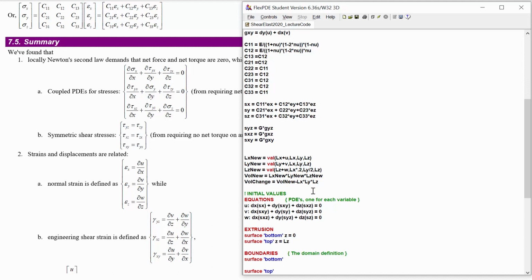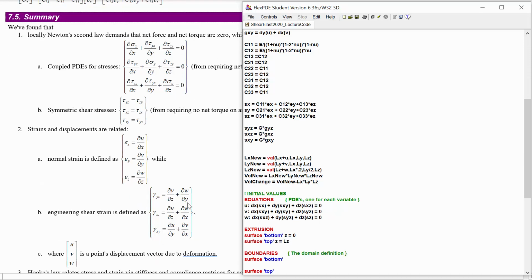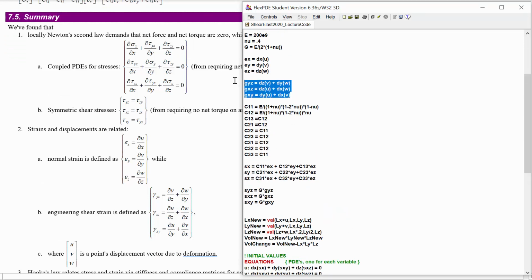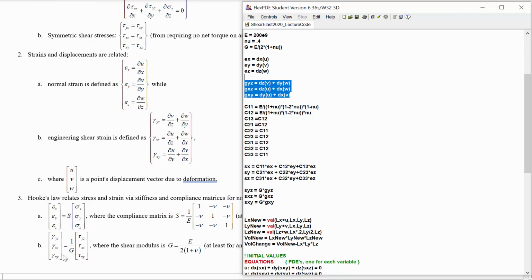And we've incorporated this by writing out this set of partial differential equations. We incorporated this already. We incorporated this one by writing our shear strain definition in terms of displacement derivatives. And we've incorporated this one, the Hooke's law for shear, by writing this new relationship between the stress in shear and the strain in shear.